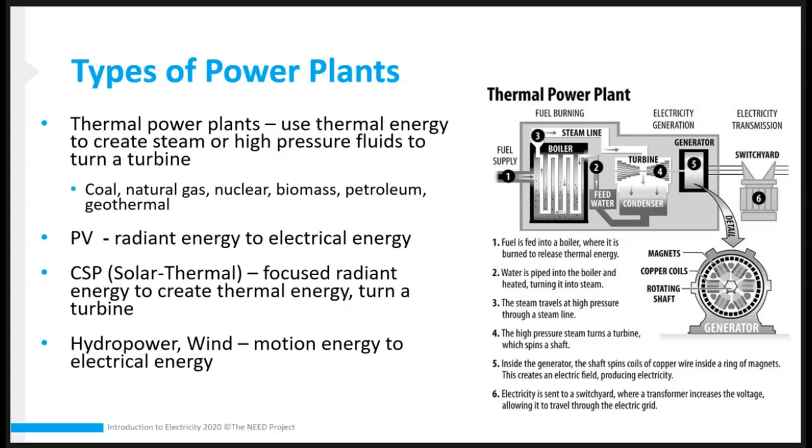A wind turbine looks slightly different than a hydropower generator would, but they're the same idea. Water pushes on the turbine, wind pushes on the turbine. That spins the rotor in both cases. The stator holds it all together, and we push those electrons out, generating that electricity, that secondary source of energy.